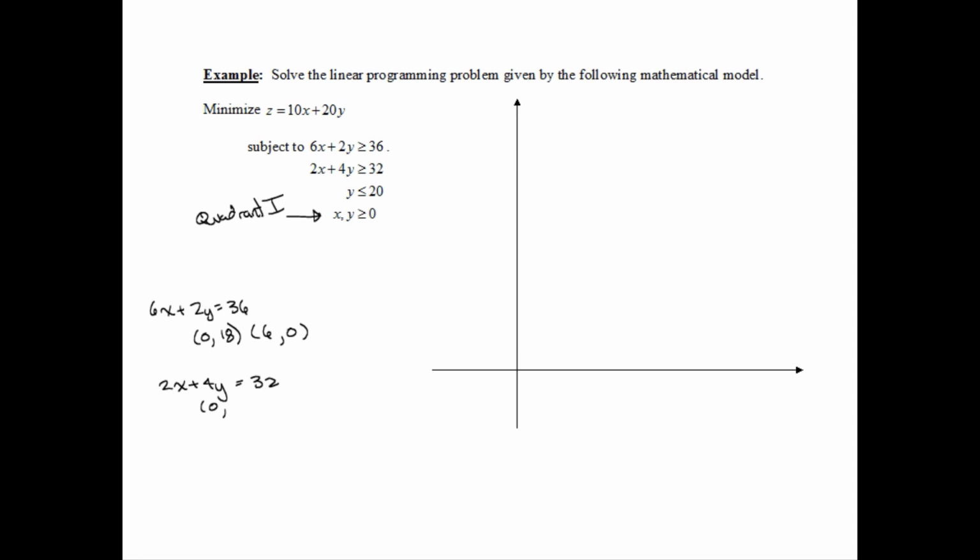When x is 0, y is 8. When y is 0, think of covering this one up, then x is 16. Okay, and we already know that we have y equals 20 for that third constraint. That's the line associated with that inequality.